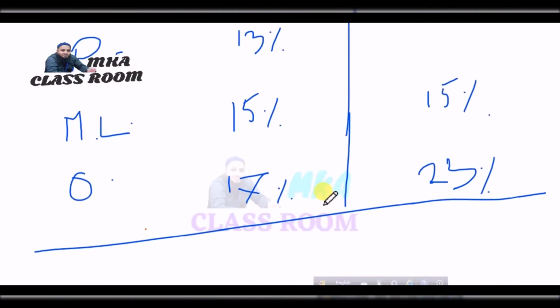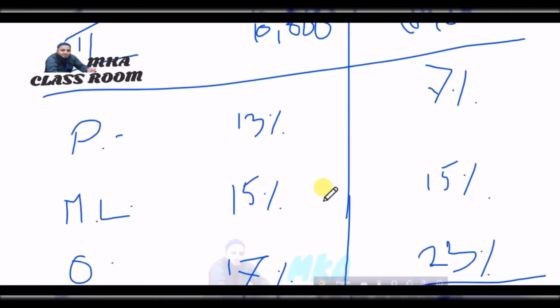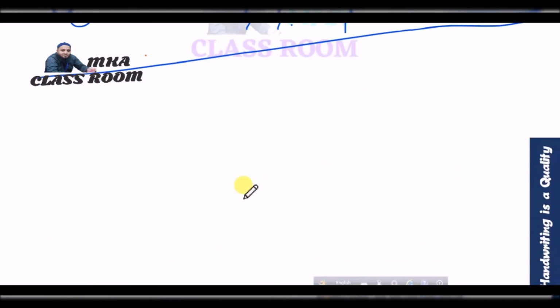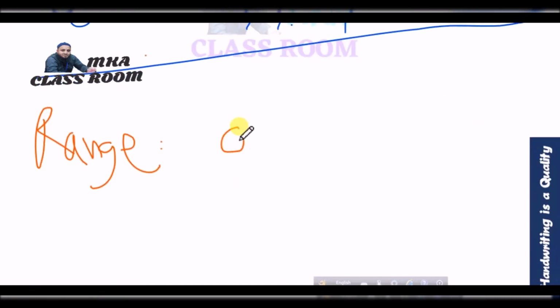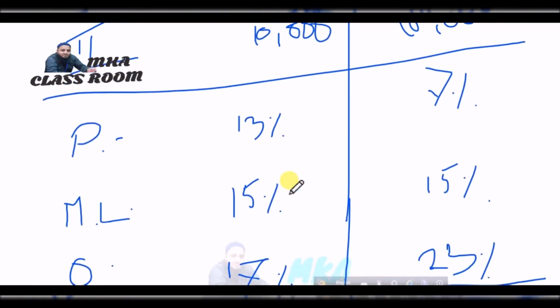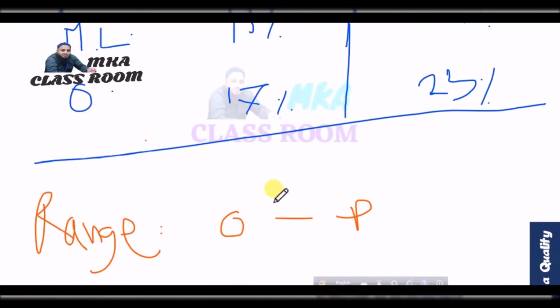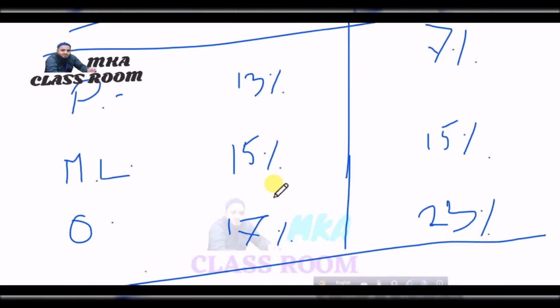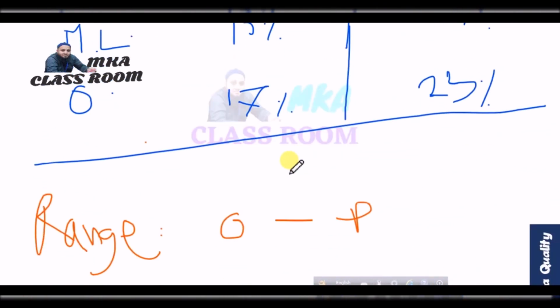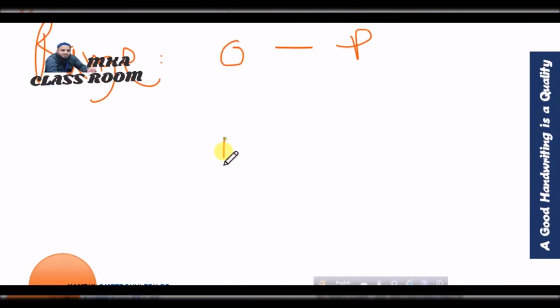These are our conditions. So in the scenario analysis we have to calculate the range. How can we calculate the range? Optimistic minus pessimistic, that is the range. So for asset A, the range is 17 minus 13.